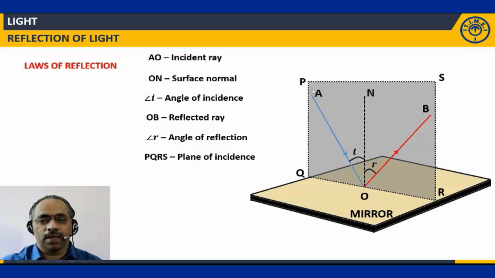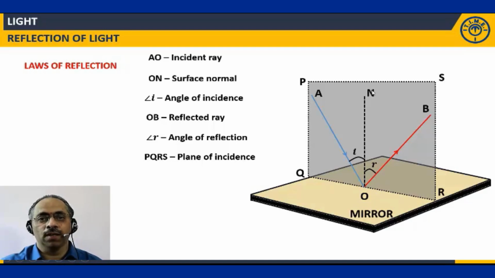Okay. So we are considering a path of light AO incident on the mirror at the point O. This O is called the point of incidence. Because it is striking the mirror at the point O, it is getting bounced off the mirror in the direction O to B. Okay. At this point O, we'll imagine a straight line perpendicular to the mirror.